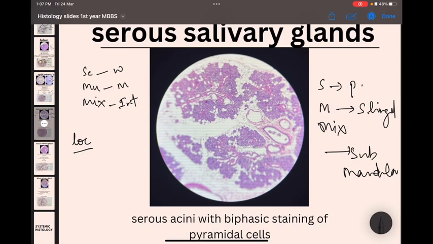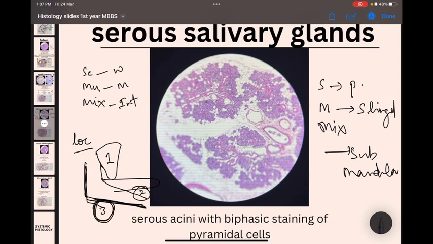So imagine a jaw of a human being. This is the parotid gland, the first one, and then below the tongue, second one, then below the mandible, submandibular. So we are coming from top to down: parotid, sublingual, submandibular; serous, mucus, mixed.